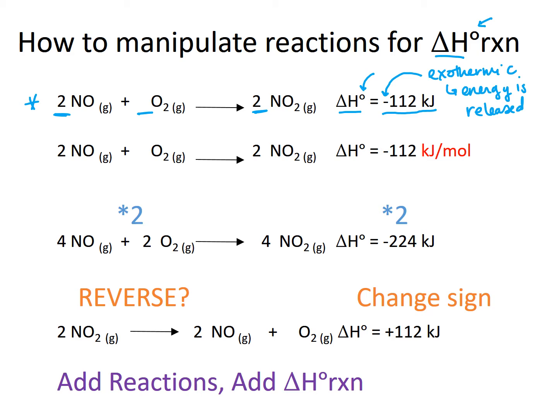Okay, and then one other thing that I want to show you is sometimes in books the unit on this changes. Okay, and so you'll see delta H equals negative 112 kilojoules per mole. Okay, that goes back to this equation, and so if you form 2 moles of NO2, it releases 112 kilojoules of heat.